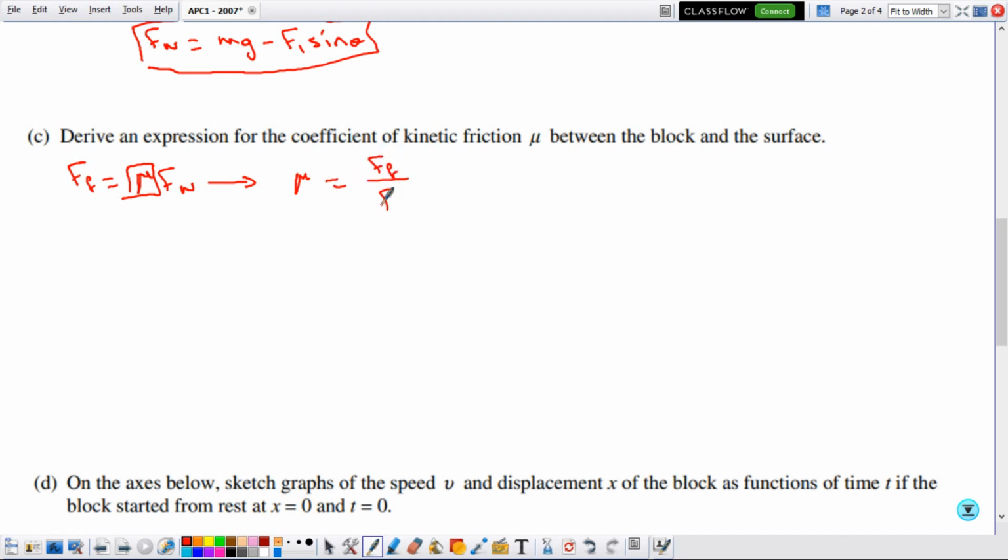Already we have obtained the expression of the normal push from part B, and it's left to determine the expression of the frictional force, and this can be done by considering Newton's second law along the horizontal. Then let's apply Newton's second law.